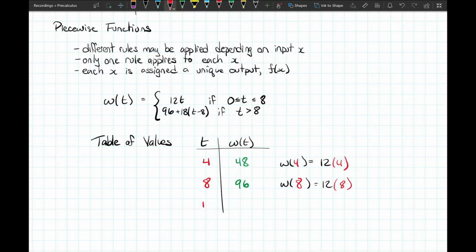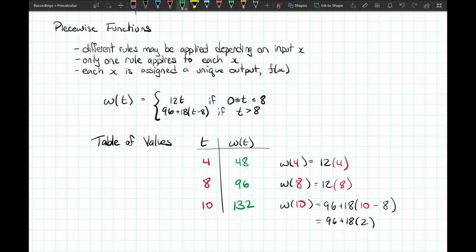Now, if we were to work a 10-hour shift, we're going to have to use the second rule, since now we have t exceeding 8. And we'll have a little bit more of a calculation to do here: 96 plus 18 times 10 minus 8, which is 2 hours of $18 an hour. Add to 96, and now we can see our total wages for the day would be 132 using the second rule.